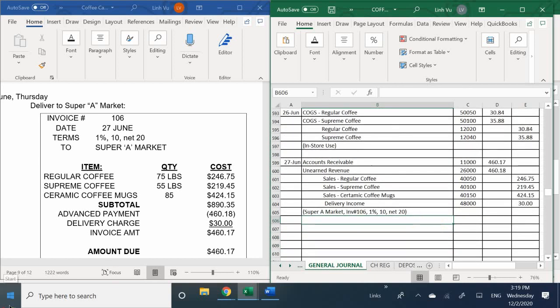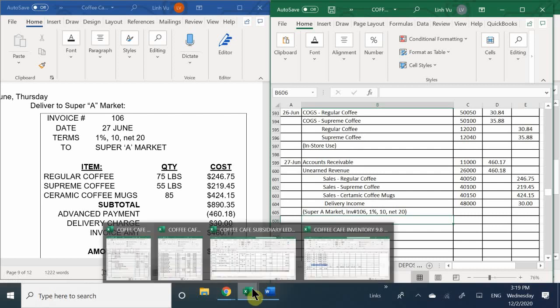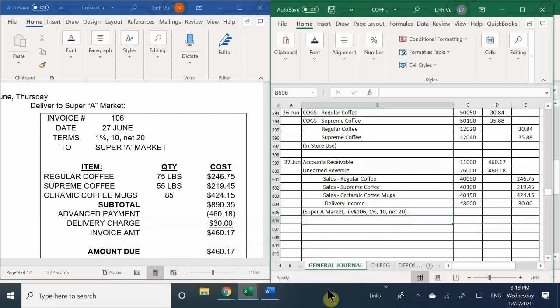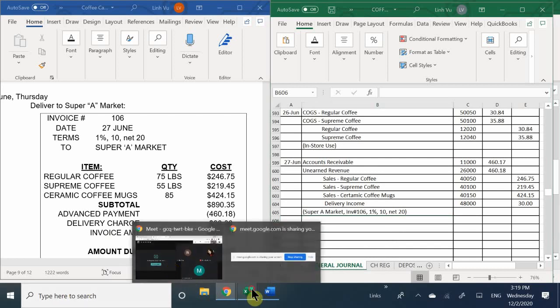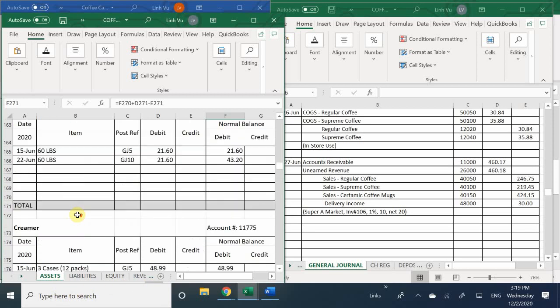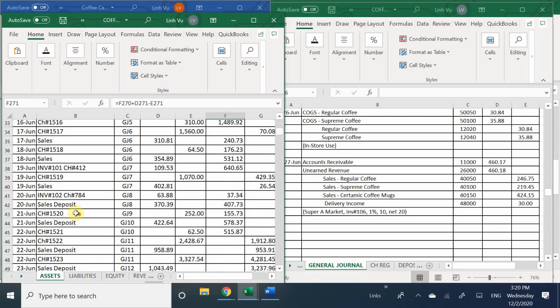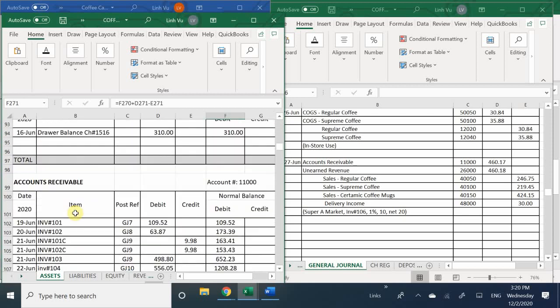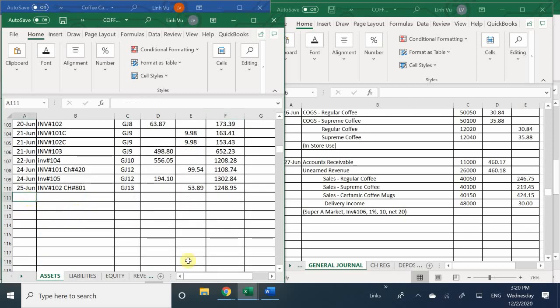So let's see here. All right, now we'll go to the ledger. Yes, and we'll go to the accounts receivable. And then the date is the 27th. And that's the invoice number 106.